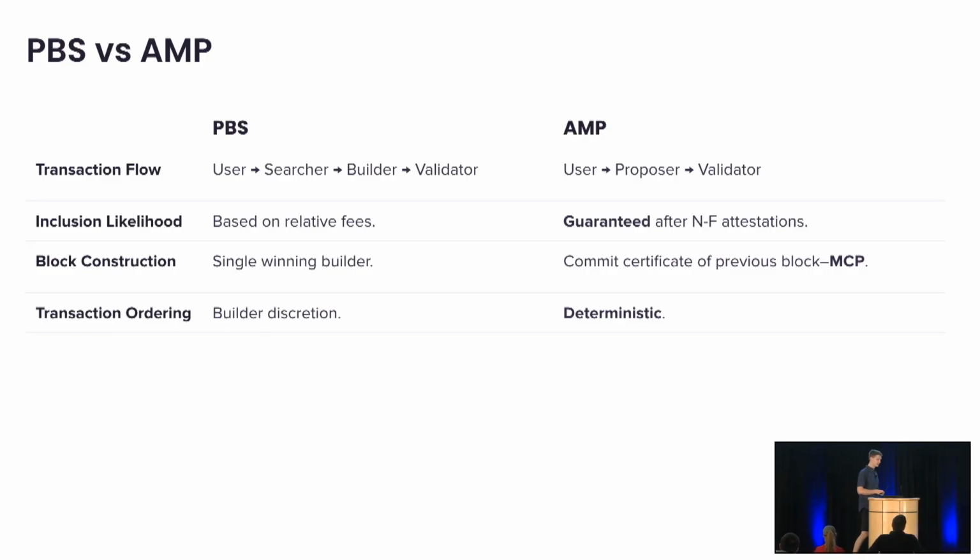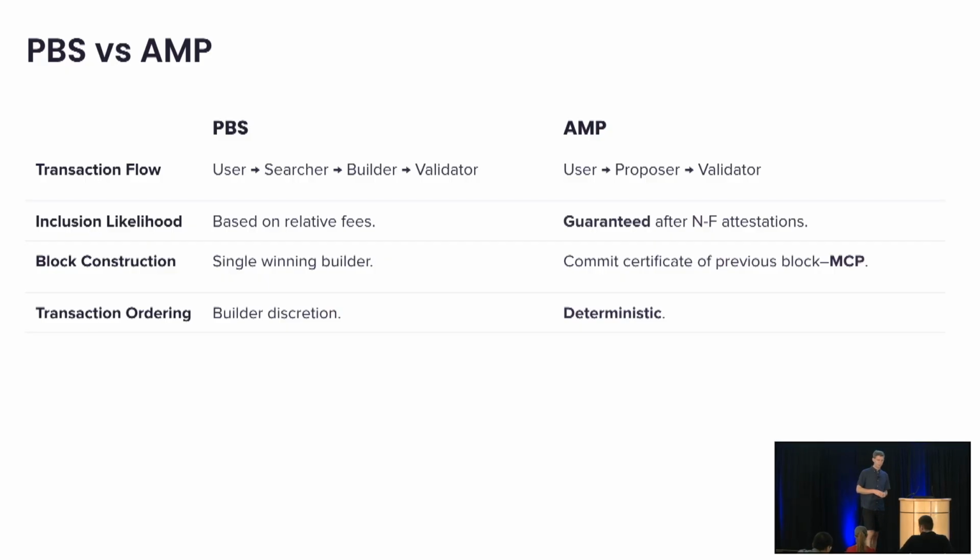The inclusion likelihood, so what I mean by that is I'm a user, I create a transaction. How likely is it to get into a block? In PBS, it depends on your relative fees. So if your fee is high compared to others, then there is a high likelihood that you will be included into a block. In AMP, we have this guarantee that as long as enough validators have attested to the payload that your transaction is included in, then it will make it into the very next block.